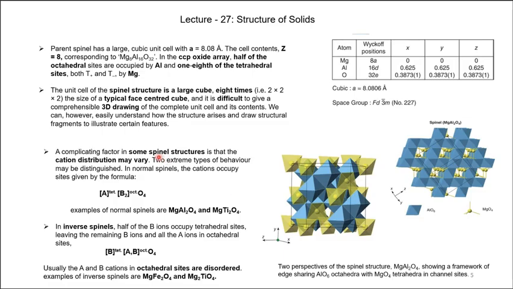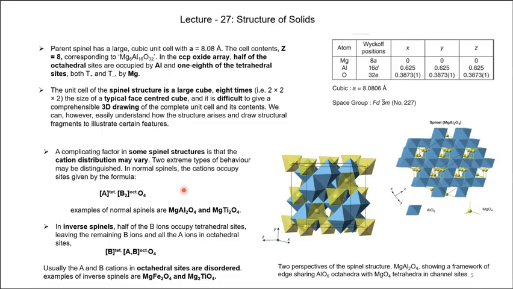A complicating factor for spinel structures is that the cation distribution may vary. Two extreme types of behavior may be distinguished: normal spinel and inverse spinel.